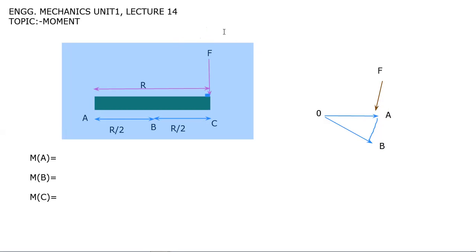This is just a very common example: a force is applied here on the door and the door is displaced from point A to point B, with a certain angle theta.